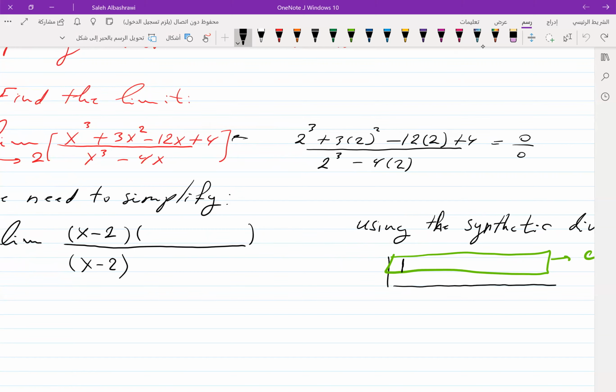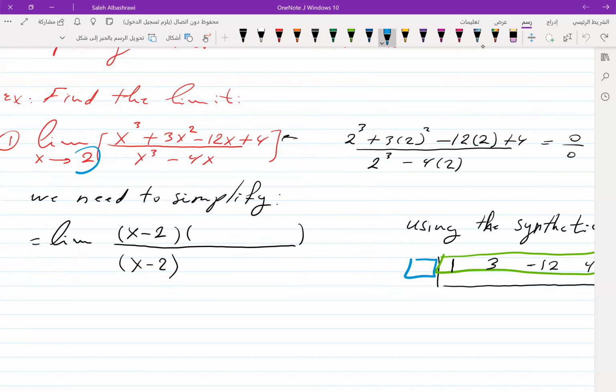For 3x squared, the coefficient is 3. For x, I have minus 12, and the constant is 4. These are the coefficients. For the external part, we need to put the c, which is this number. Outside, we put the number 2, since x goes to a, which is 2 in this example. So outside we will put 2, and inside in the first line we are putting the coefficients of the polynomial.